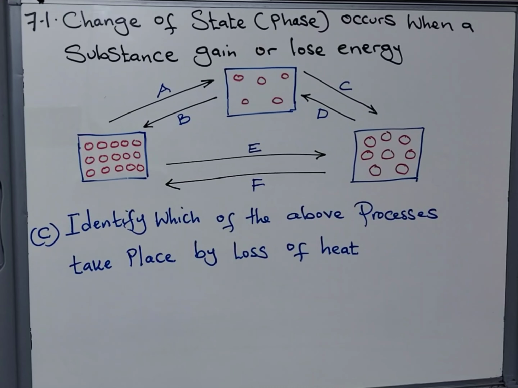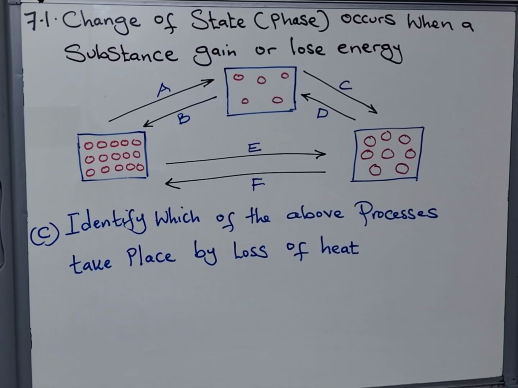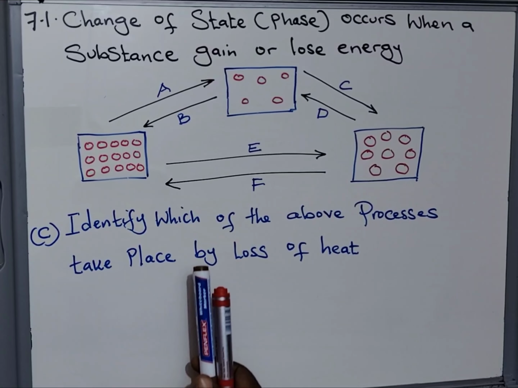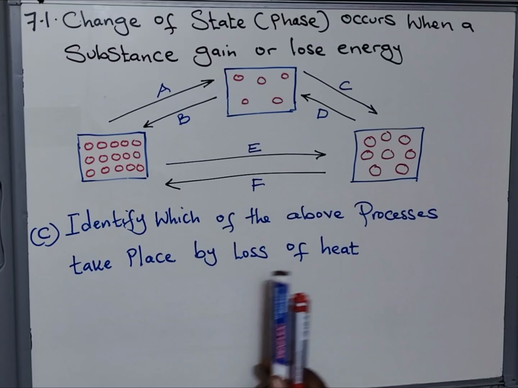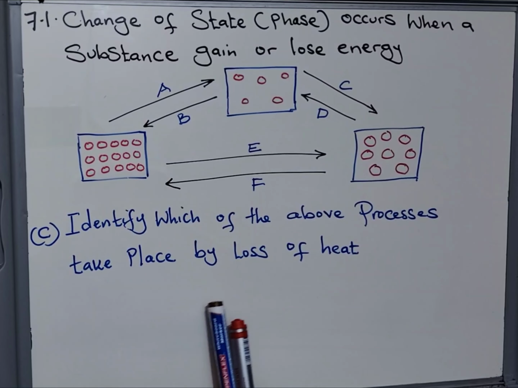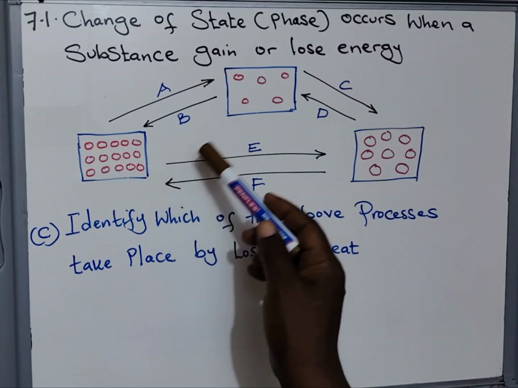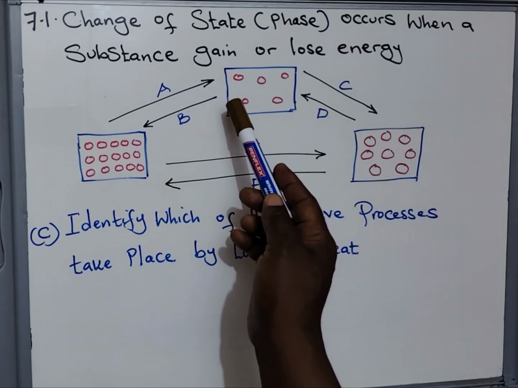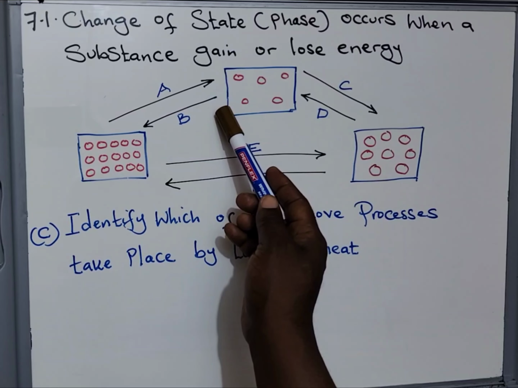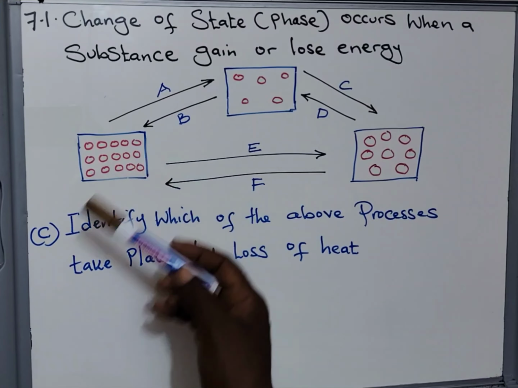Now we are looking at this one. It says, identify which of the above processes take place by loss of heat. Okay, let's start here. Which one takes place by loss of heat? The change from gas to solid.